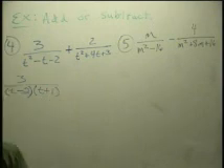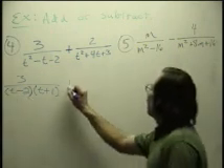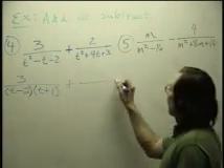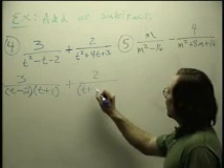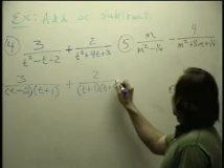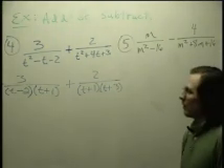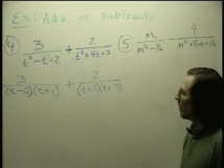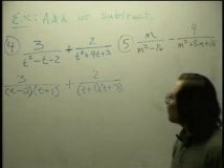Okay? And t squared plus 4t plus 3 factors as t plus 1 times t plus 3. If you're not sure how we got these factorizations, go back and review your factoring.